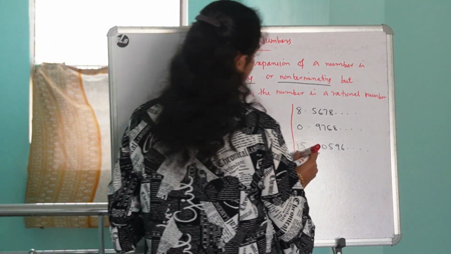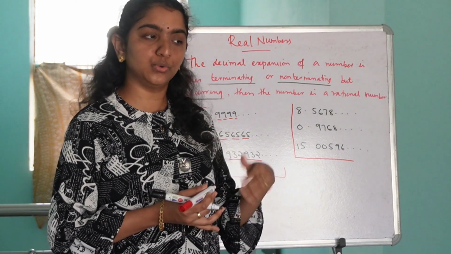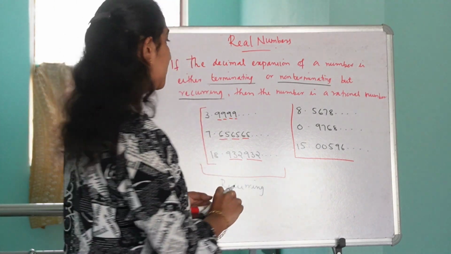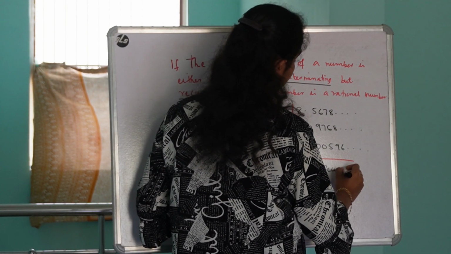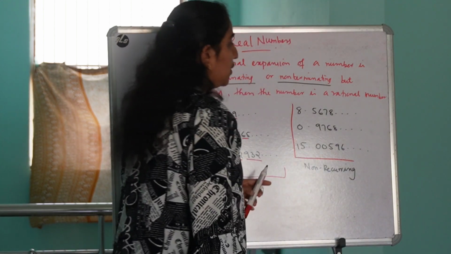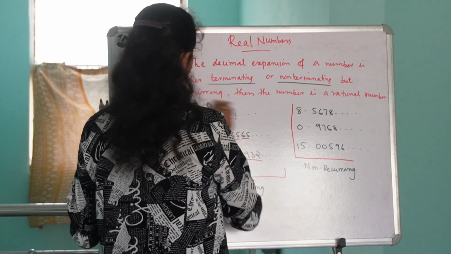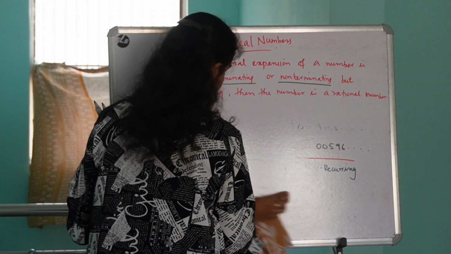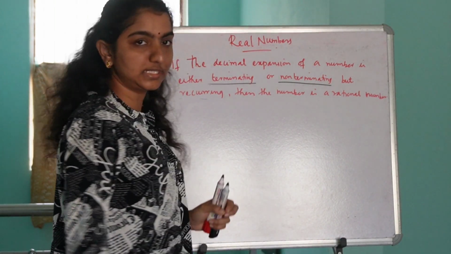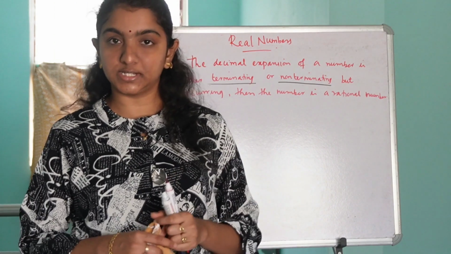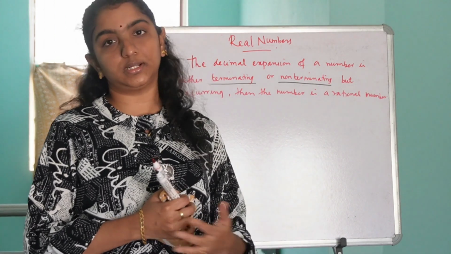And those decimal numbers in which no digit or no sequence of numbers is getting repeated, we call non-recurring decimal numbers. Is it clear? Okay. So here we learned 4 types of decimal numbers. The first one is terminating decimal numbers, the second is non-terminating decimal numbers, the third is recurring decimal numbers, and the fourth is non-recurring decimal numbers.